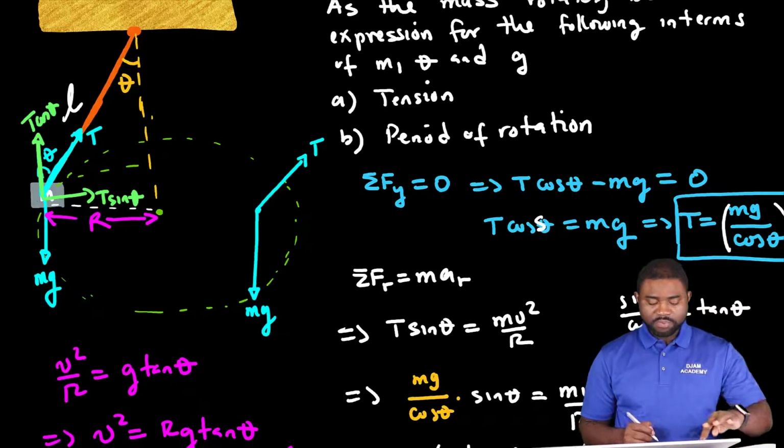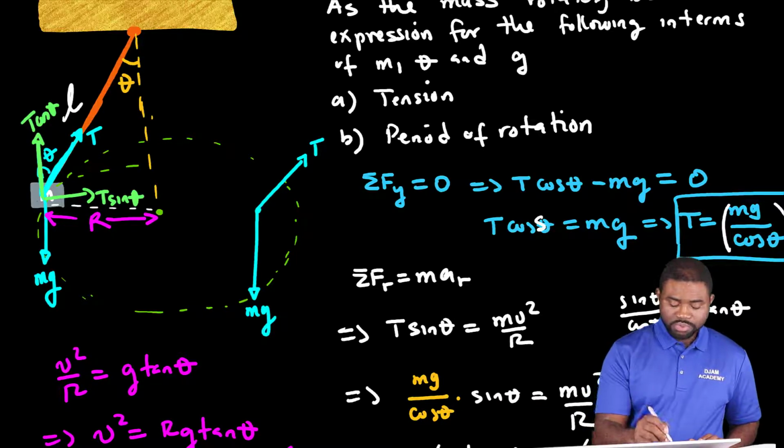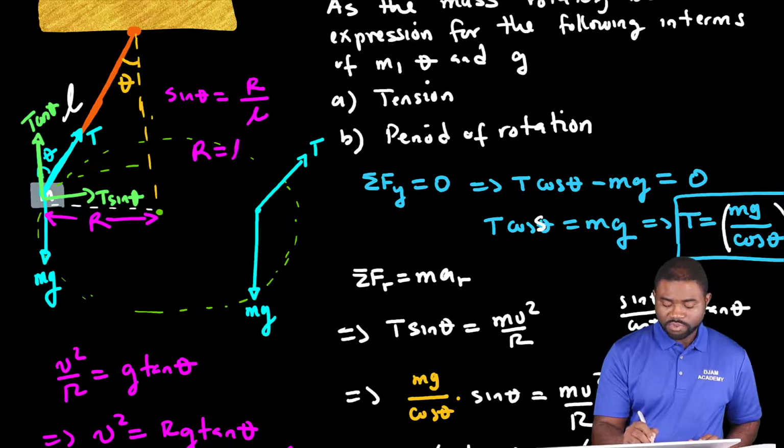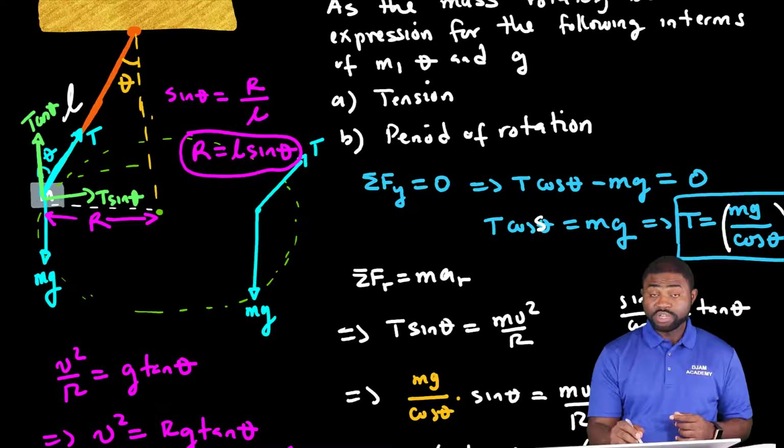And this is the hypotenuse, which is L. And if that is true, you will see that the sine of theta is equal to the opposite, which is r, divided by L. That means that r is equal to L sine theta. Now, this is really great because we can measure theta and we know L.